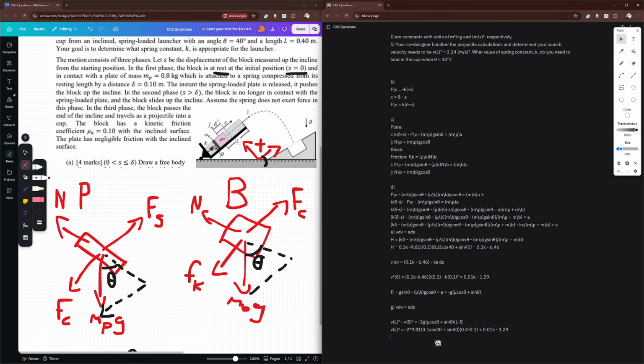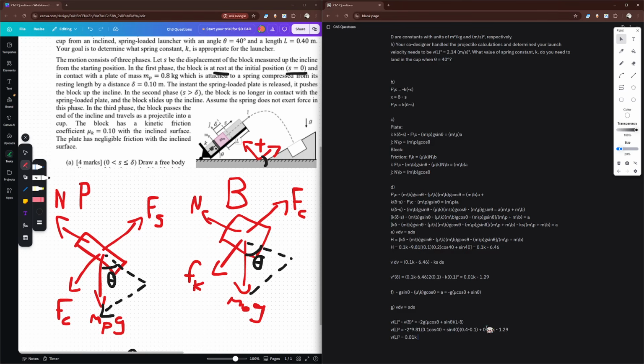Which, when we simplify, we're going to get V of L squared is equal to, so 0.1k stays the same, so 0.1k. And now we're going to have 2 times 9.81, 0.1 cos, this thing, so this is 0.3 times negative 2 is negative 0.6. Let me just get the calculator here for this.